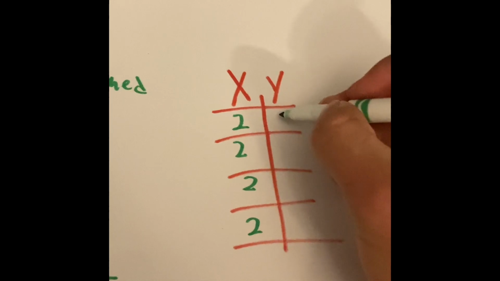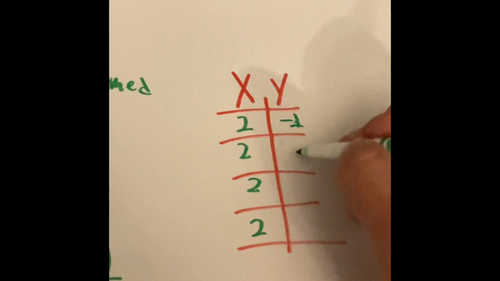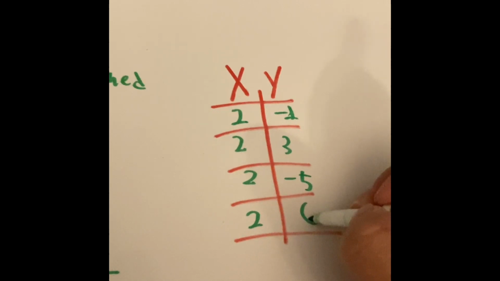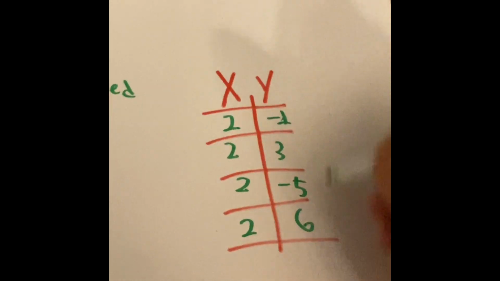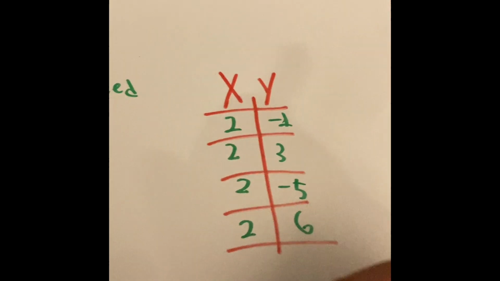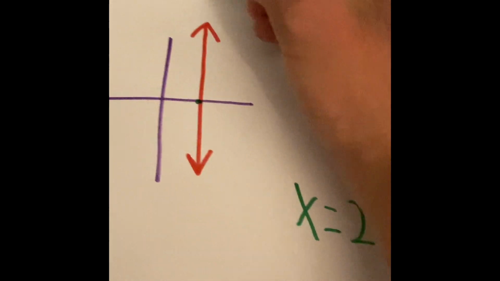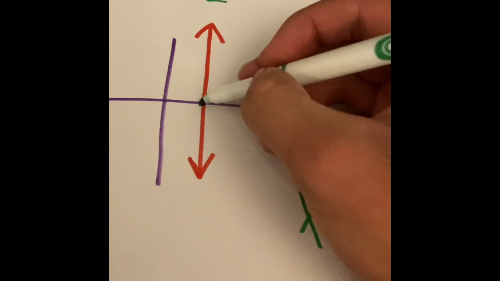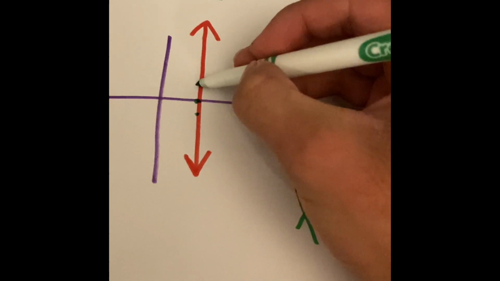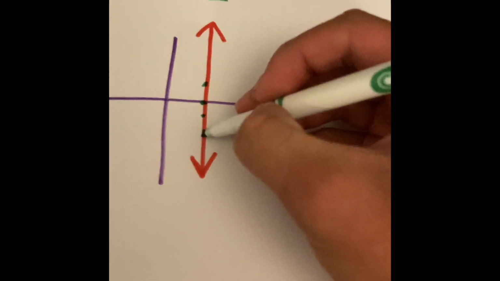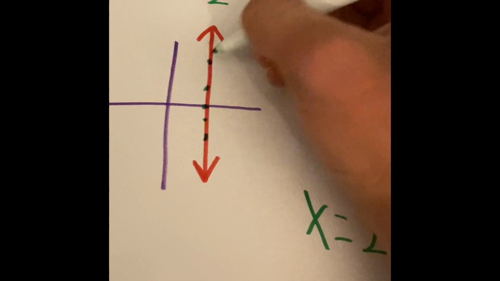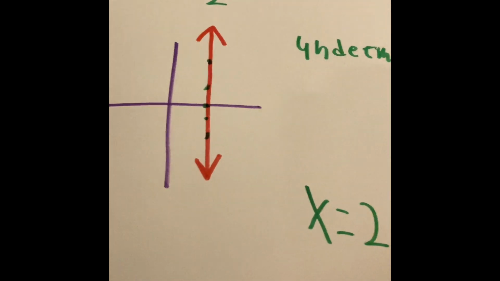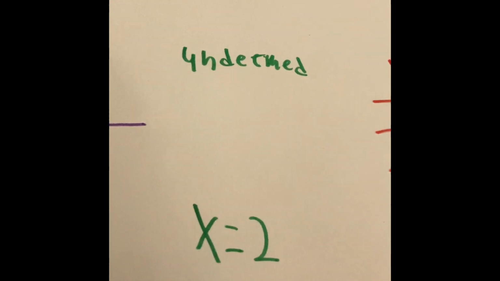You can insert anything for y, like -1, 3, -5, 6, and when you have different numbers for y, but the same numbers for x, it'll still be in the 2 column for x. And here's -1, here's 3, here's -5, and here's 6. You can't really go anywhere but up and down. So that's why it's called undefined.